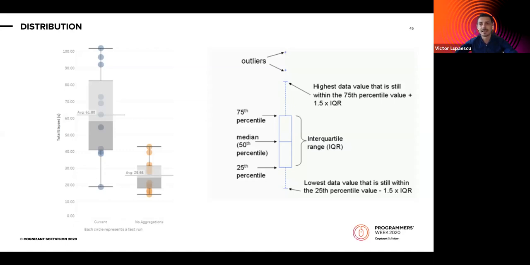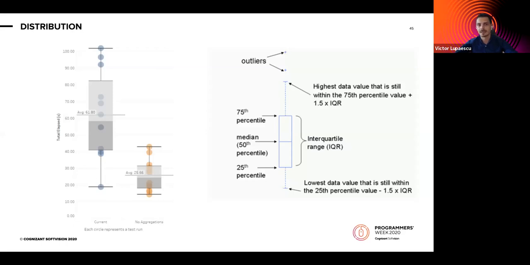This line here represents the data point where the value is still within the 75th percentile value plus 1.5 interquartile range. Again, this is a more advanced one, and it's meant to be read by data analysts and so on.